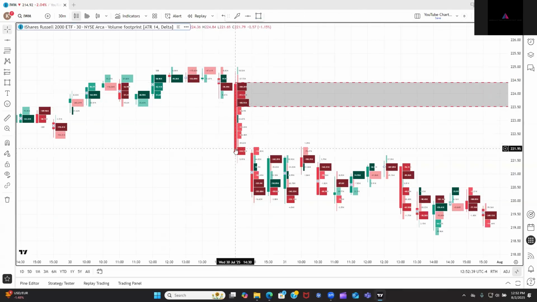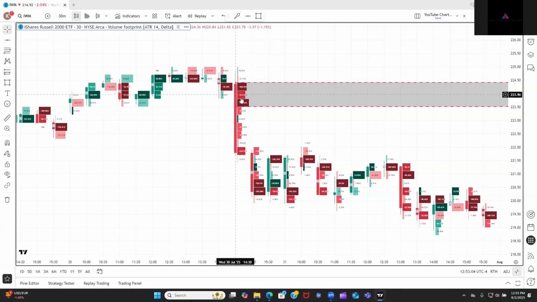So not only do we see the plain or standard candlesticks, but we get to see what happened. There was a lot of selling happening here with a lot of volume from roughly 224.38 down to 224.13. Again, a lot of selling here between 224.11 down to 223.83.